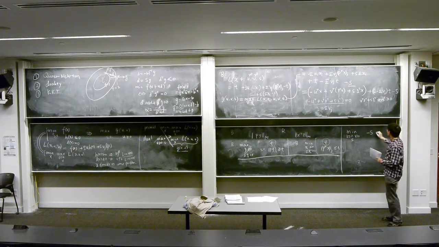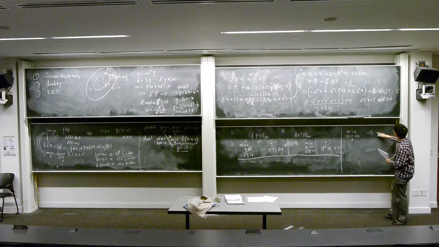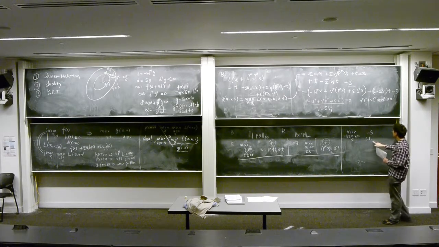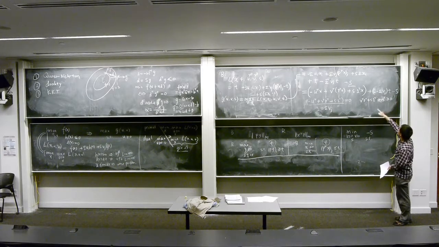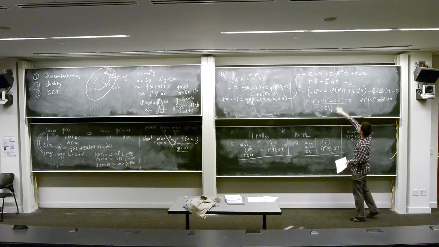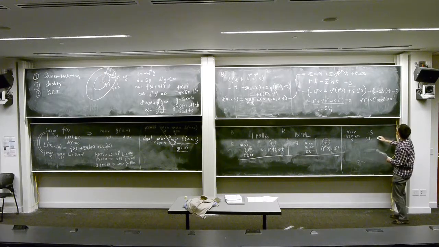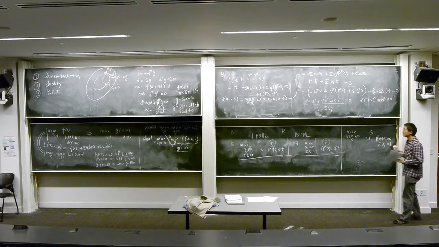And in order that something doesn't go to plus infinity, I have to also have these constraints that basically these two coefficients become 0, and they actually become Pv plus s greater or equal to 0, and sum of v_j is 1.